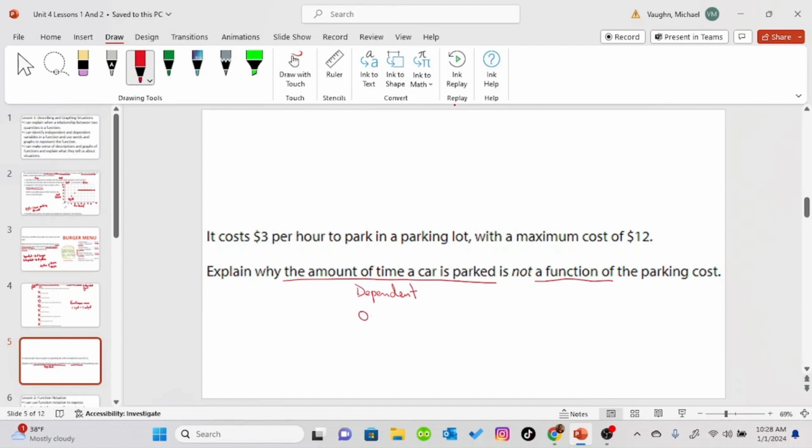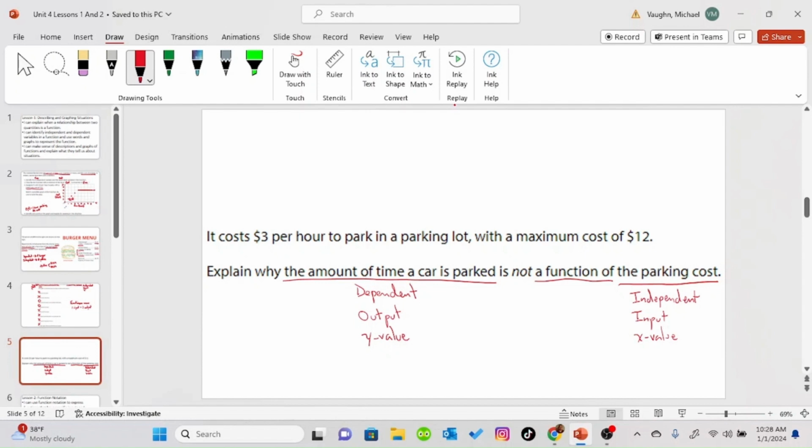This is the output or the y value. What comes after the words "a function of," the parking cost, is the independent. This is the input or the x value.